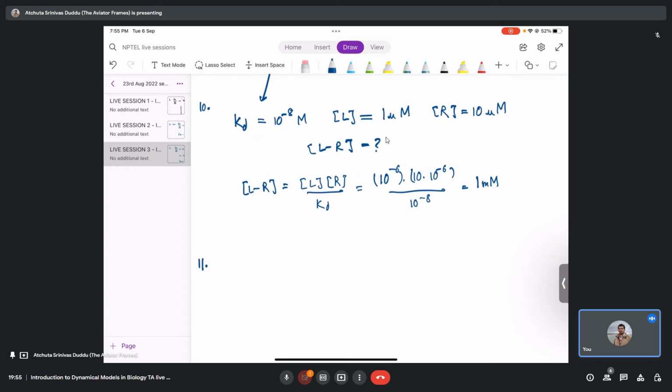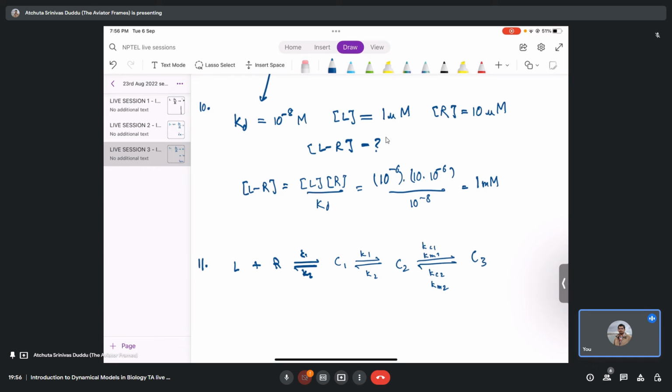So I'll just write down the letters: KC1, KC2, KM2 and C3.